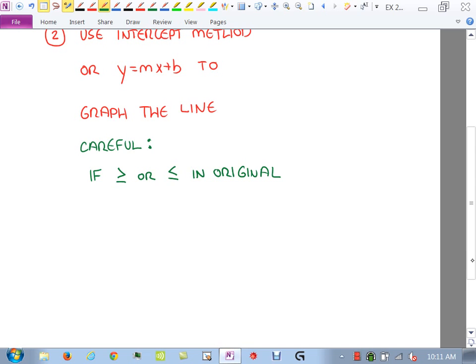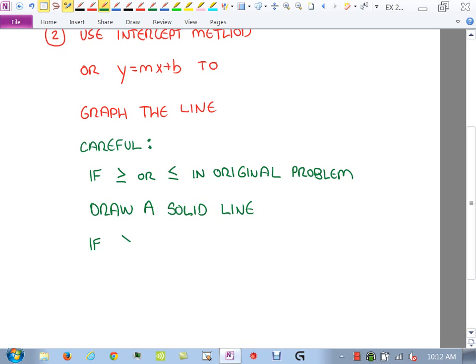So if you have one of those two inequalities in the original problem, draw a solid line.